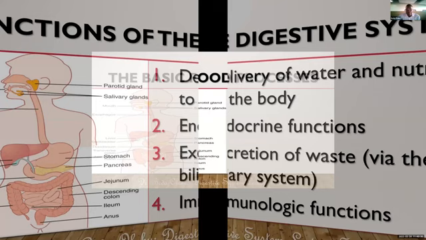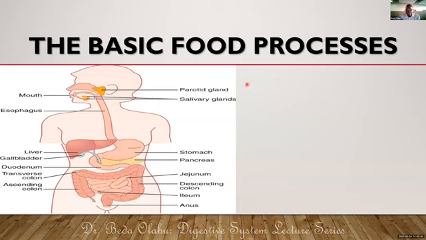Now, let's see how food moves. Or rather, before we see how food moves, let's revisit the key processes that food undergoes. When you take food into your body, what are the processes that food undergoes?